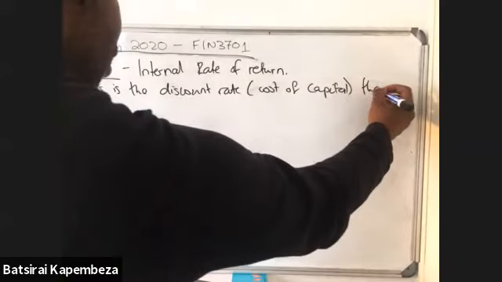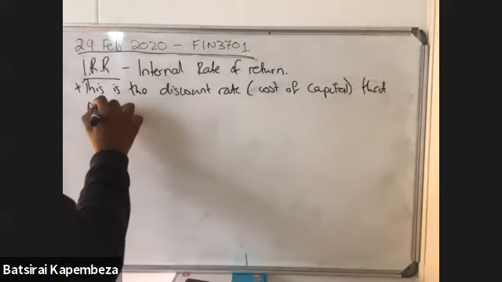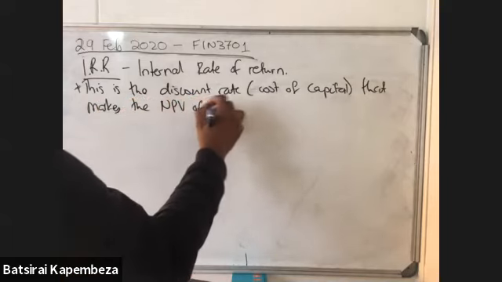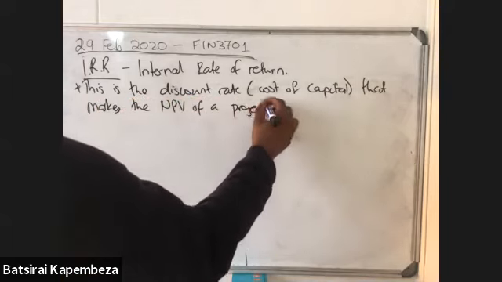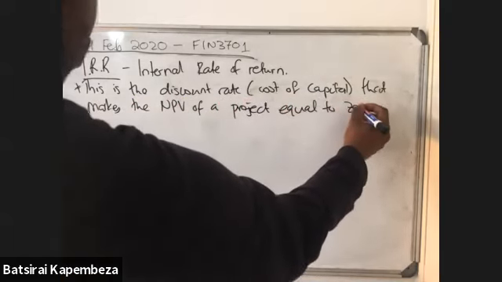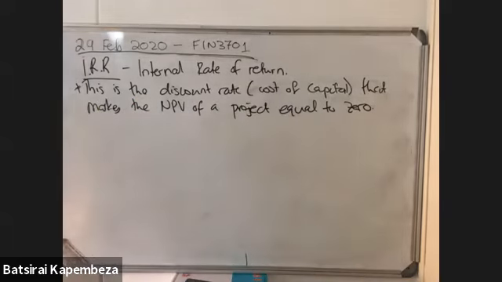That makes the NPV of a project equal to 0. In simple terms, if you're asked to define the IRR, this is the discount rate, cost of capital that makes the NPV of a project equal to 0.